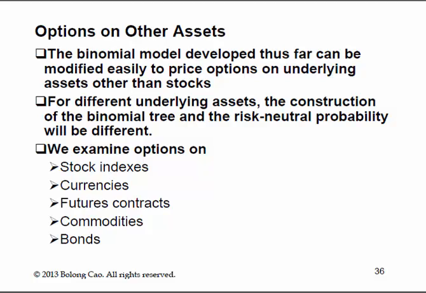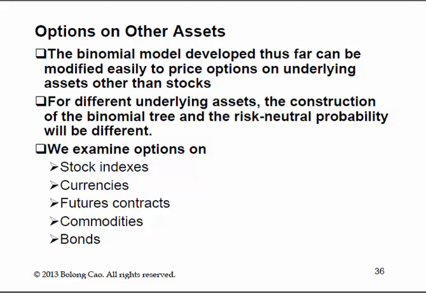Now let's talk about several issues that we need to know when we apply this binomial formula to other assets. Our binomial model developed thus far can be modified easily to price options on underlying assets other than stocks. But for different underlying assets, the construction of the binomial tree and the risk neutral probability will be different.